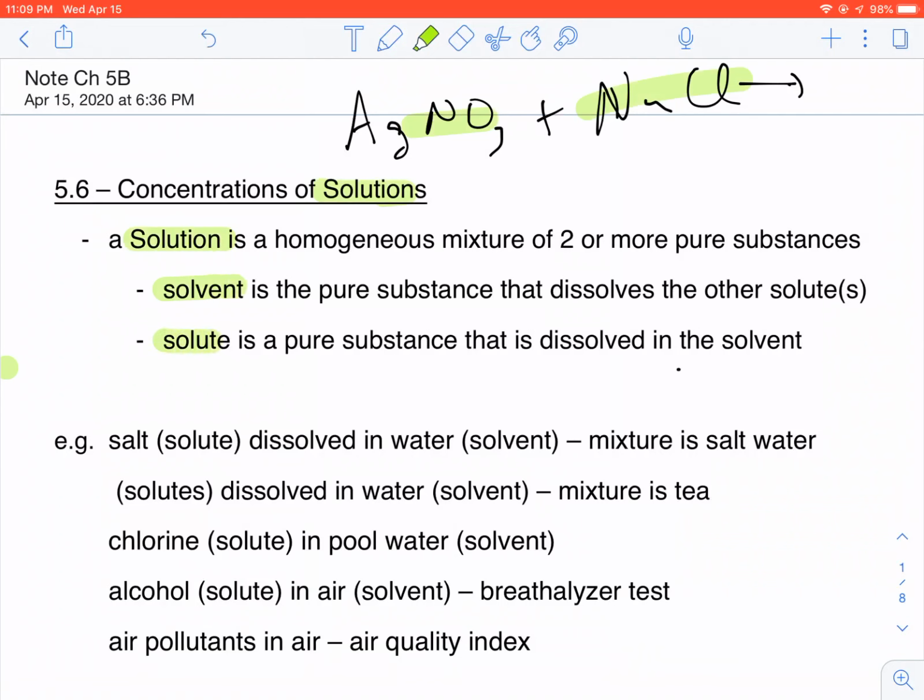Those are the two pure substances. The solvent is H2O, and the solute is sodium chloride. Those are my two chemicals, and they're both pure substances.